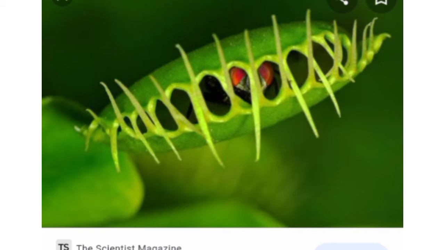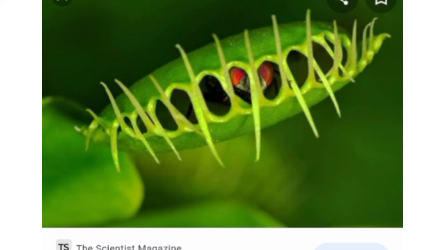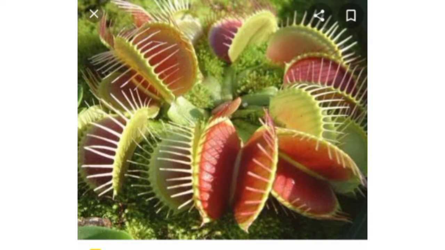Now this is another insectivorous plant, known as the Venus flytrap. The leaves are modified structures which help them trap the insect inside. When an insect comes on the leaves of the Venus flytrap, the leaves close and the insect is trapped inside.